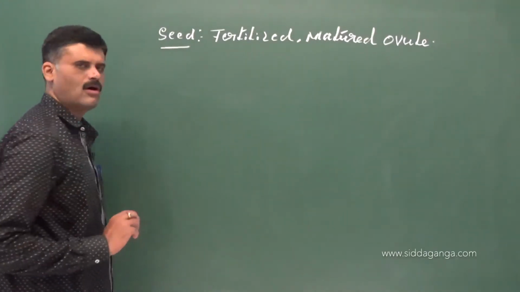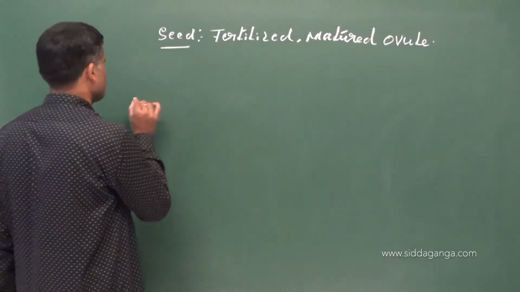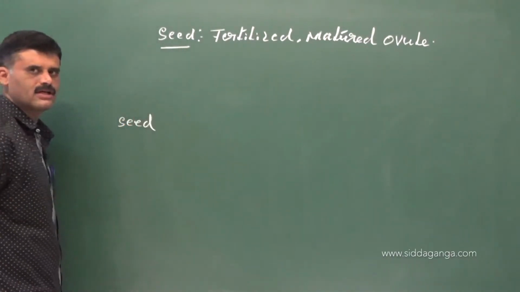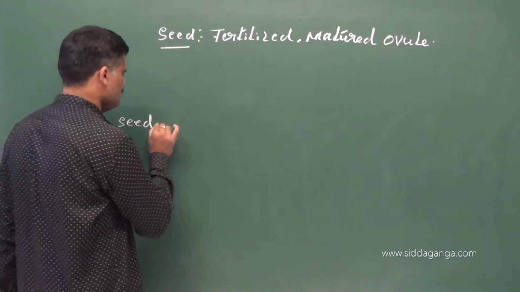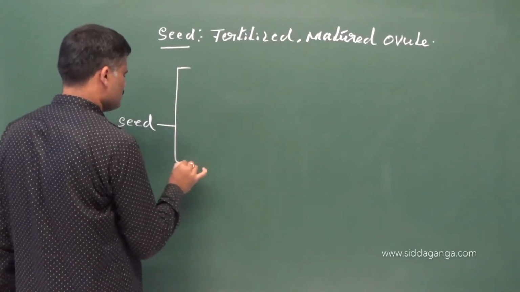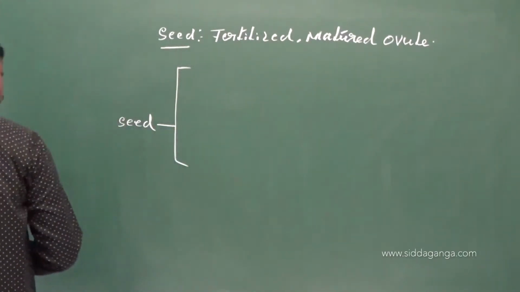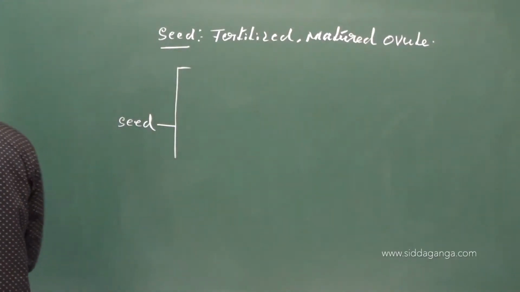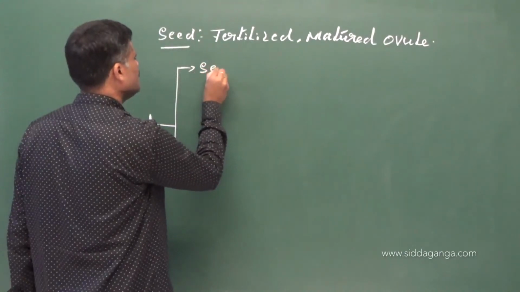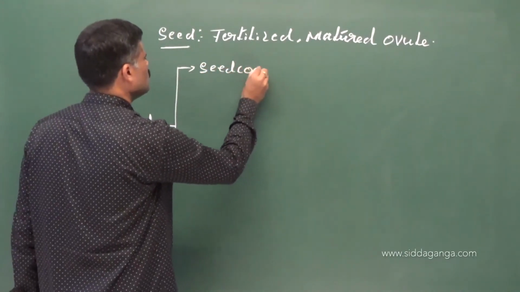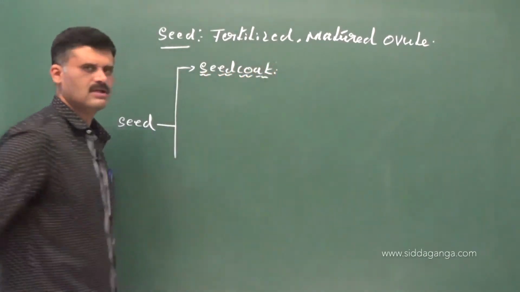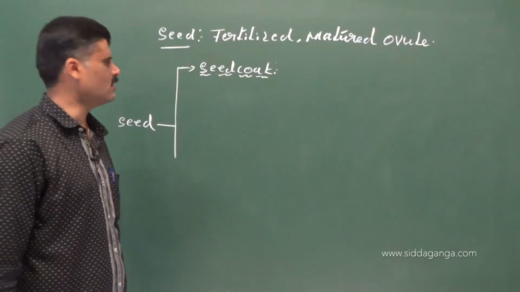Next, the parts of a seed. See here, a single seed is divided into two parts. First, we call the seed coat. The seed coat is the outermost part of the seed.